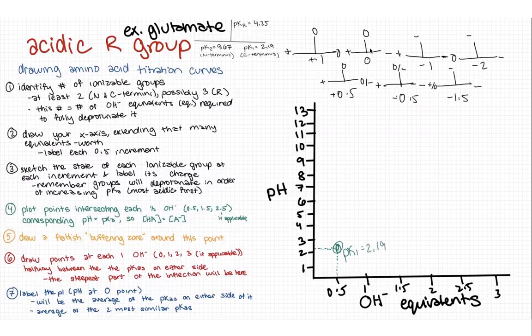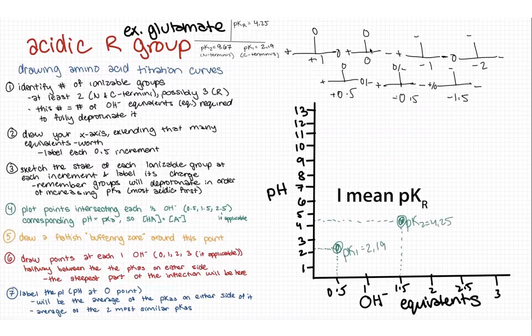Now let's go to our second strongest acid. In this case, it's going to be our side chain, our pKr, which has a pKa of 4.25. So I'm going to go over to 4.25, come all the way over to 1.5 equivalents, draw my line, and draw my point. And this is going to be my pK2 equals 4.25.